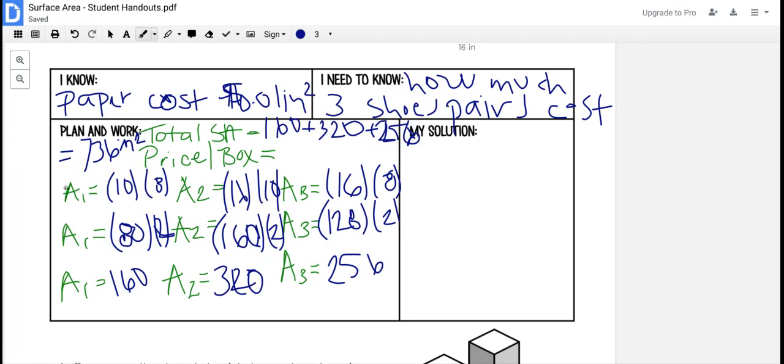So that means our price for one box is, I'm not sure why it's doing this. So the price per one box is $7.36.